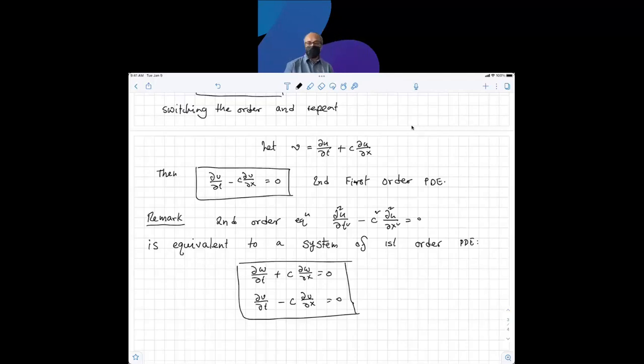And the way I will solve this first order PDE is called the method of characteristics. Okay.